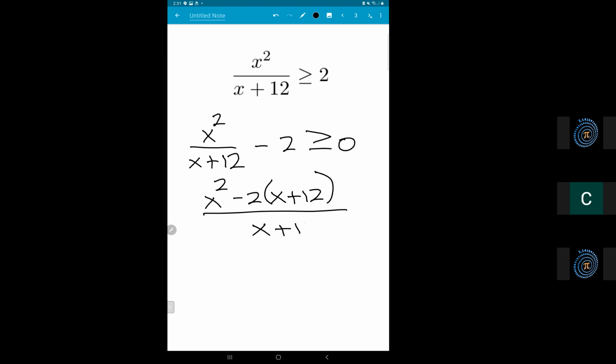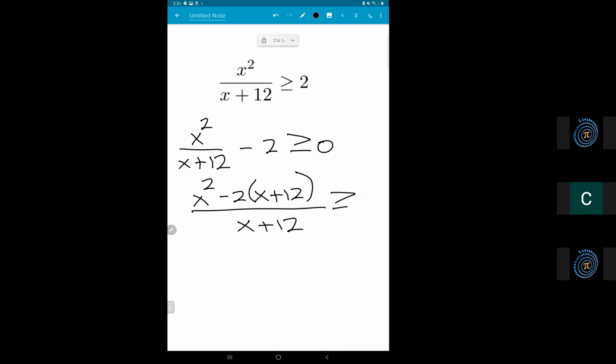Do not multiply by a variable, like you multiply everything by x plus 12 so that x plus 12 will disappear. No, that will be wrong. Rather, you simplify the expression first. And then the numerator will become x squared minus 2x minus 24, which is factorable.